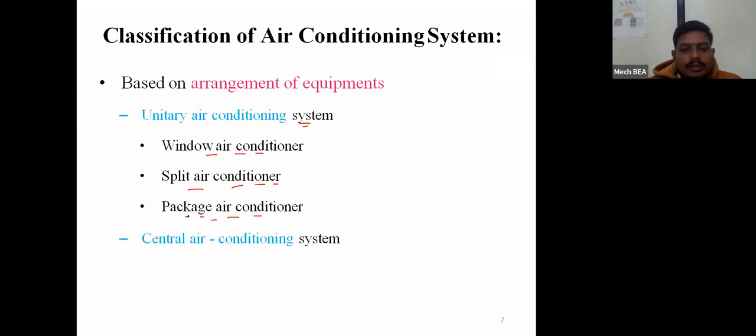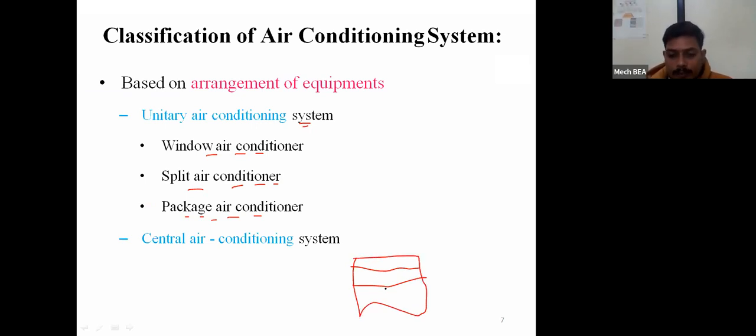And the second one is the central air conditioning system. In a central air conditioning system, all the required conditioning of air is done inside the air handling unit.